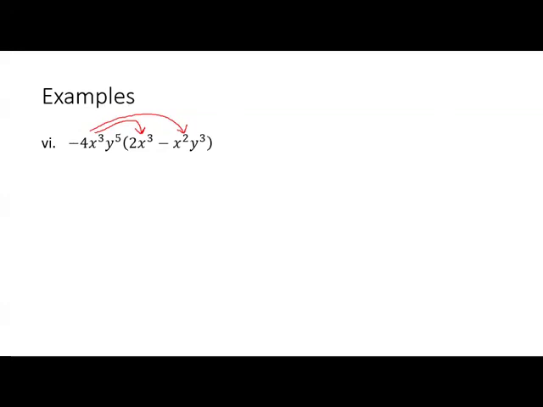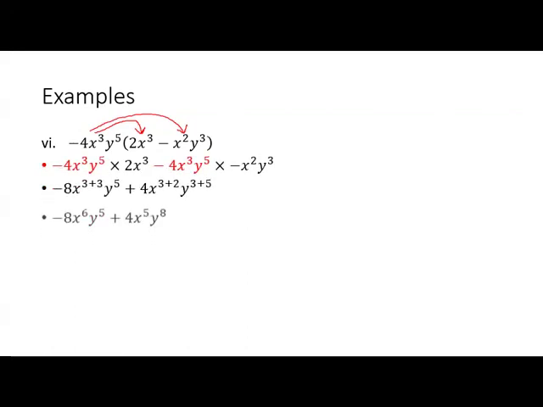Then you have y to the exponent of 5 times y to the exponent of 3 will give you y to the exponent of 8. Remember, here the only confusion will be negative times negative. It will give you positive. Negative times positive will give you negative.